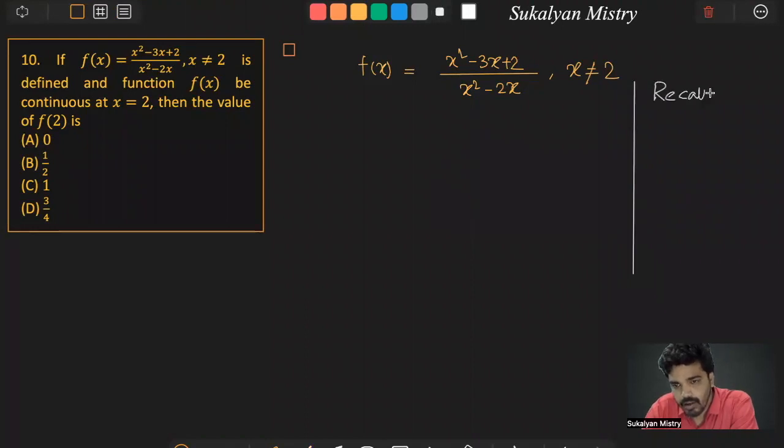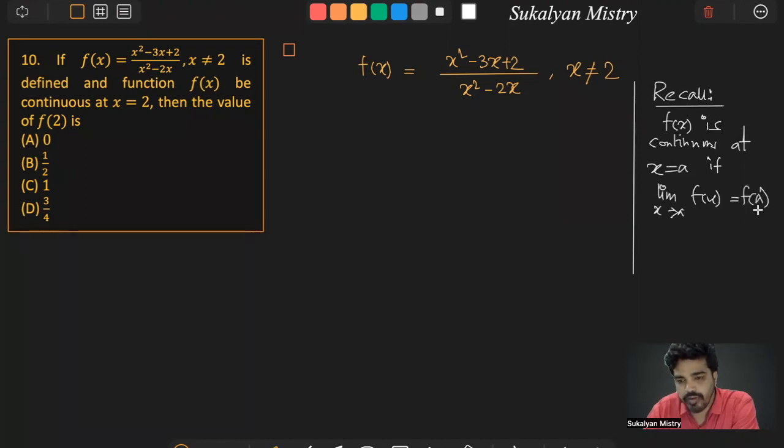A function f(x) is said to be continuous at x is equal to a if limit x tending to a f(x) is equal to f(a). Right? You know this definition.